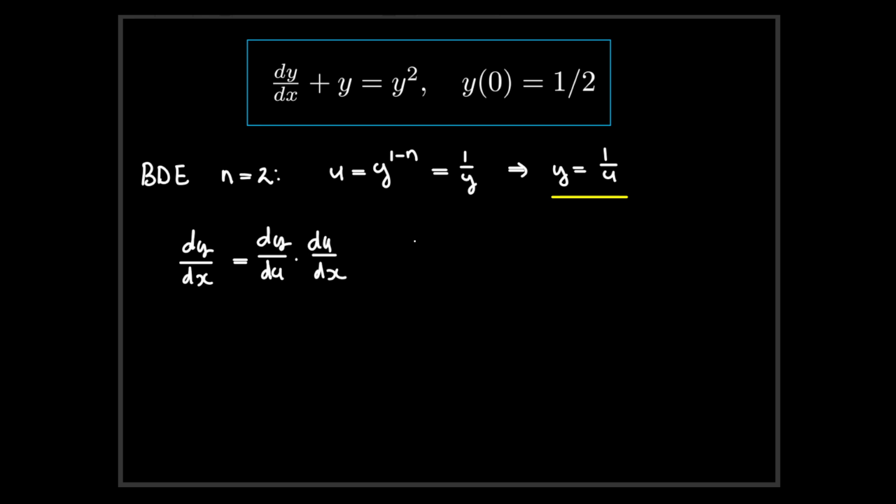Okay? All right, and here this just means differentiate as you normally would. And here we'll just get negative 1 over u squared, and then we just multiply by du dx. Okay, so once we've done this, we're in a position to make the substitution.